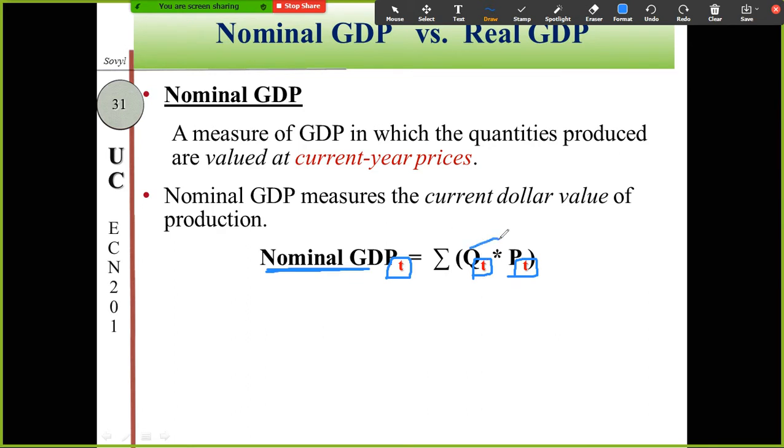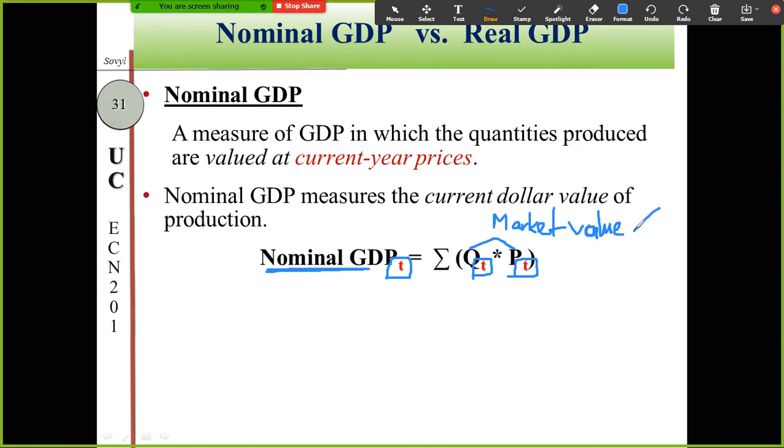So when we take Q multiplied by P, this is what we call market value.